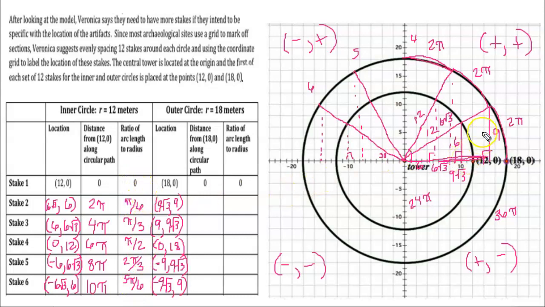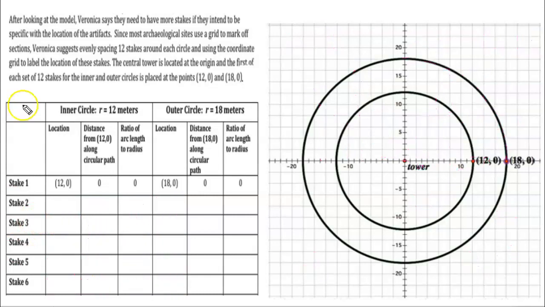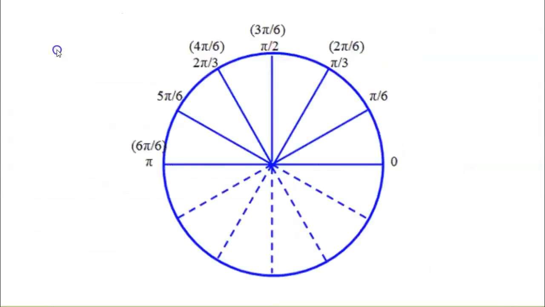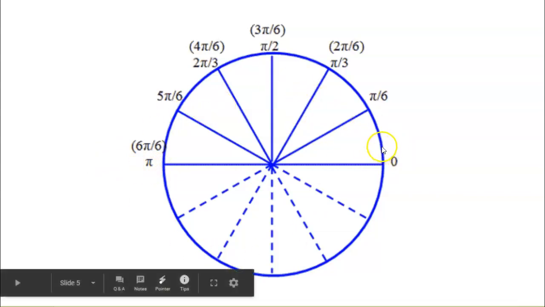But if you think about the circle as a whole, we've already discussed that each of these little pieces is 1/12 of the circle. And if you think back to the circle unit and what we learned about radians, we know that the whole circle is 2 pi radians. Half of the circle is just pi radians. So if we think about our circle and just think about fractions, we can figure out that radian measure without having to do any of the circumference or arc length measurements.